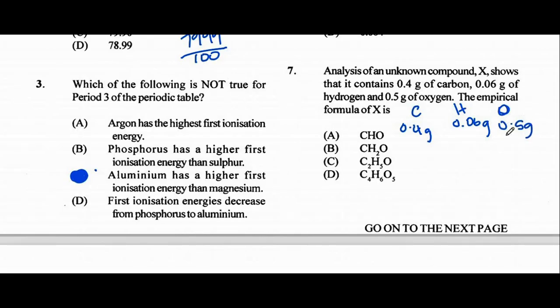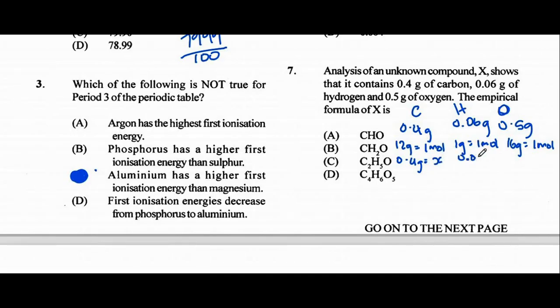Now we need to find out how many moles this is, right? So 12 grams is equal to 1 mole here. 1 gram here would be equal to 1 mole. And 16 grams here would be equal to 1 mole of oxygen. So we want to find 0.4 is equal to X. Let's say that.